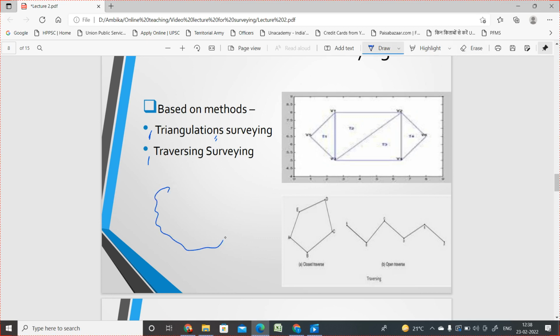Suppose this is an area and this is a station point.